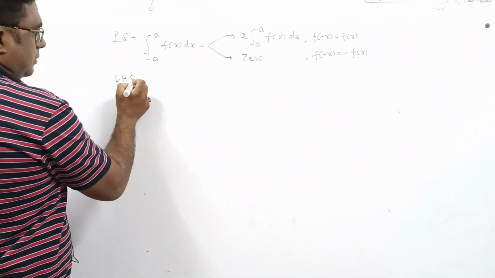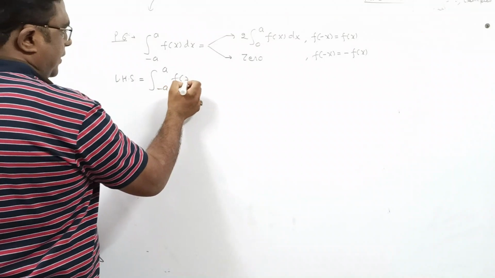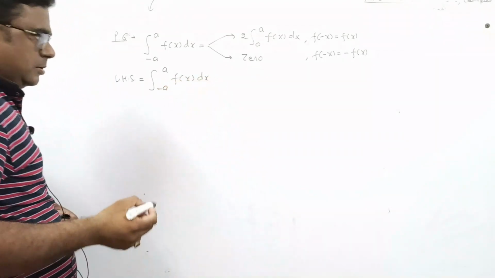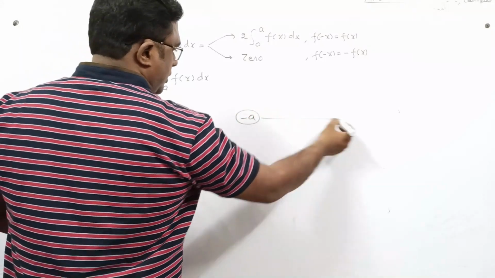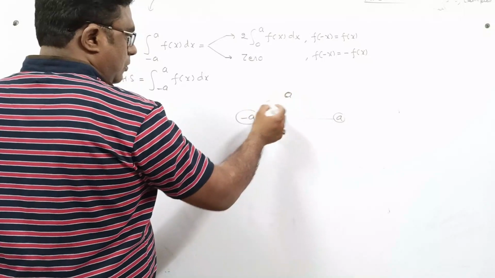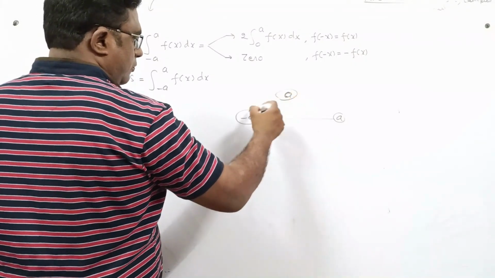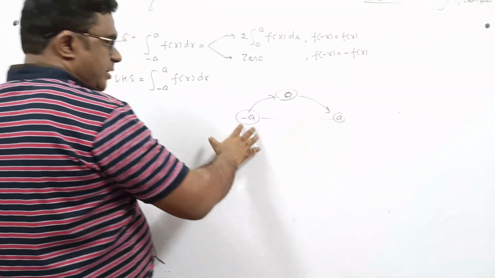Left hand side is equal to integral minus a to a f(x) dx. Suppose I have to start from minus a and I have to reach at a. So I can do one thing. I will go to 0 from minus a and then from 0 to a. So I am breaking my journey.